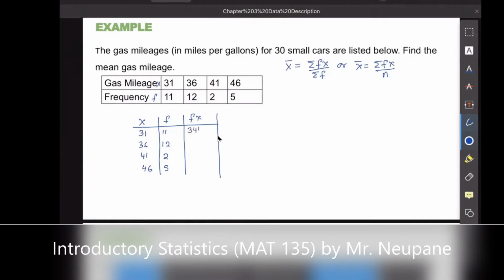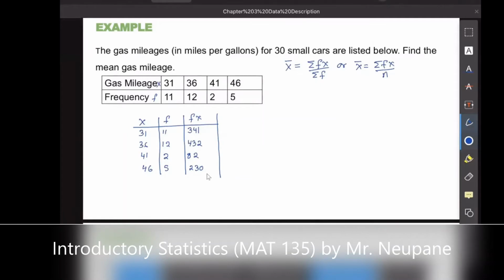Very good. Next is 36 times 12. 432. How much is 41 times 2? 82. And how much is 46 times 5? 230. Okay, so we got all those values.